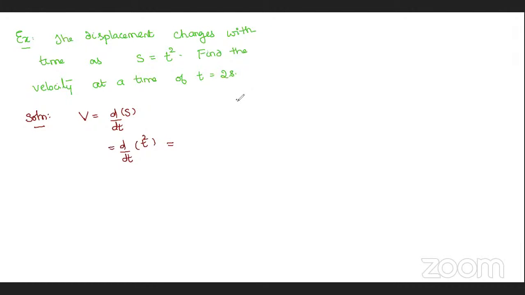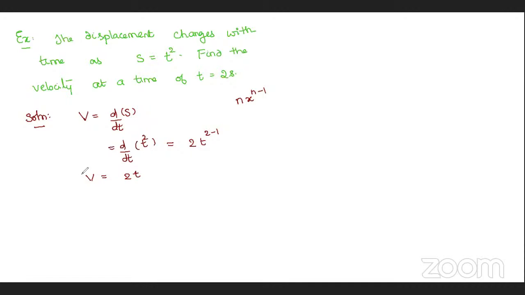Directly I use the formula n x power n minus 1. Here n is 2, x is t, power n minus 1, 2 minus 1. So what I'm going to get: v is equal to 2 t power 2 minus 1, which is t power 1.